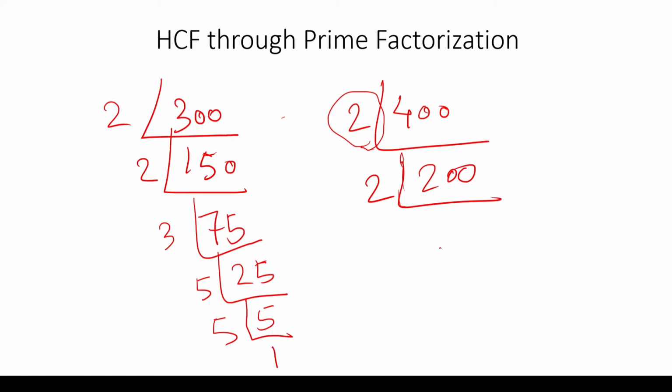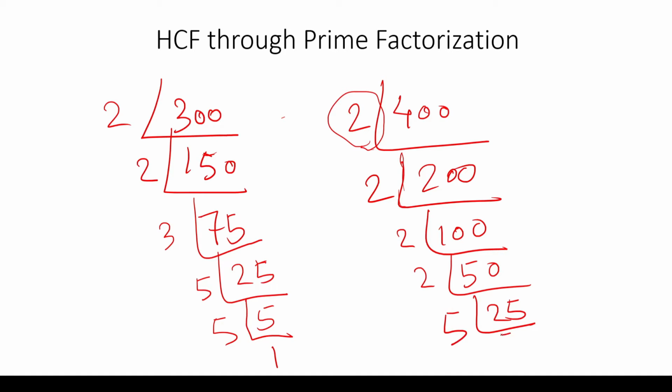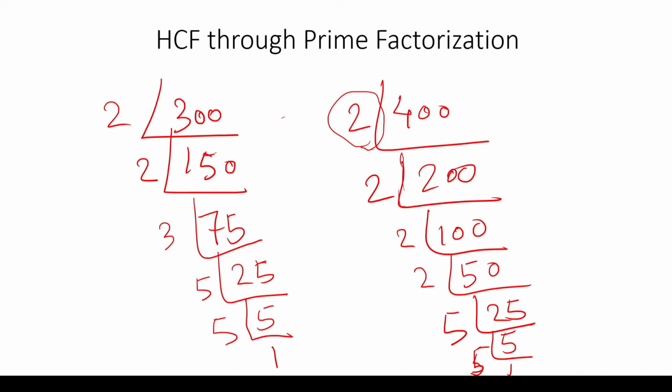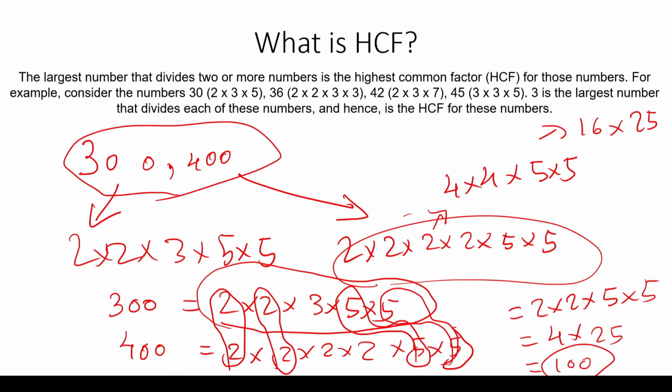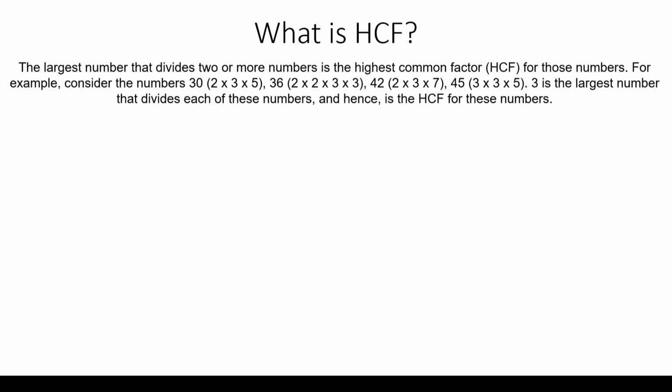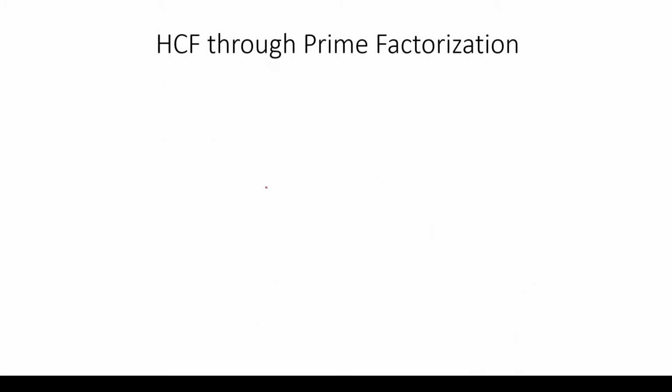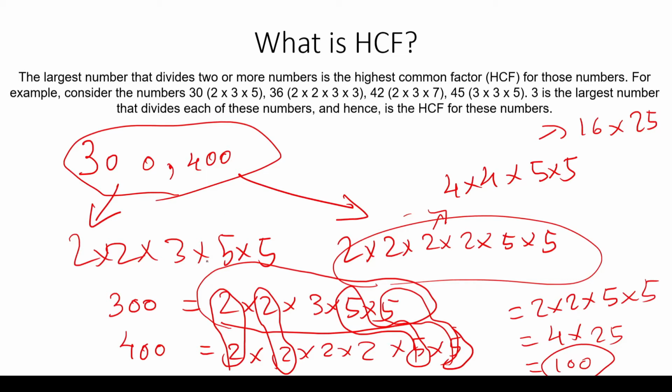So 200, then 2, again 100, then it is also divisible by 2, then 50, then also divisible by 2, then 25, 5, 5, 1. So again we have come to the same order that was on the previous page: 2 into 2 into 3 into 5 into 5, and 2 into 2 into 2 into 2 into 5 into 5. Then you know what the next step is. We have to follow this step again.